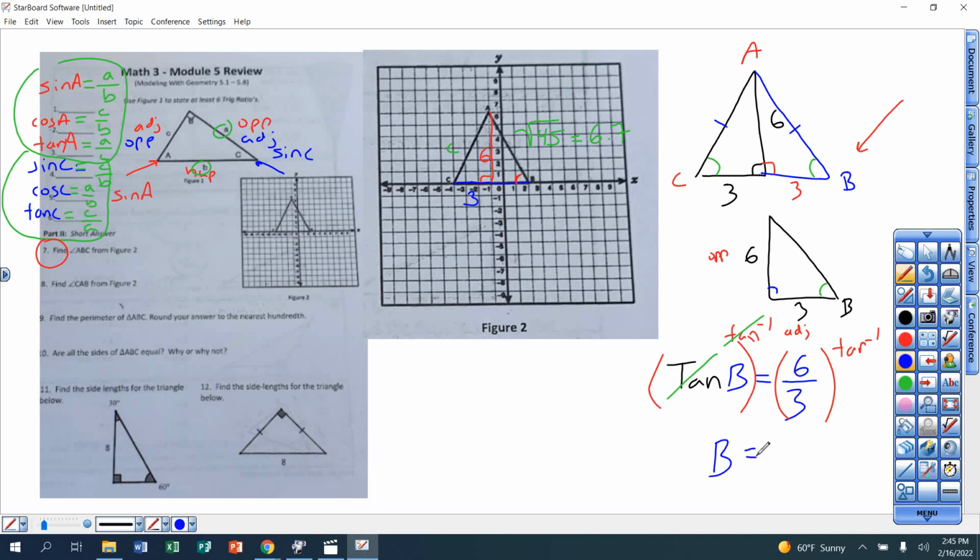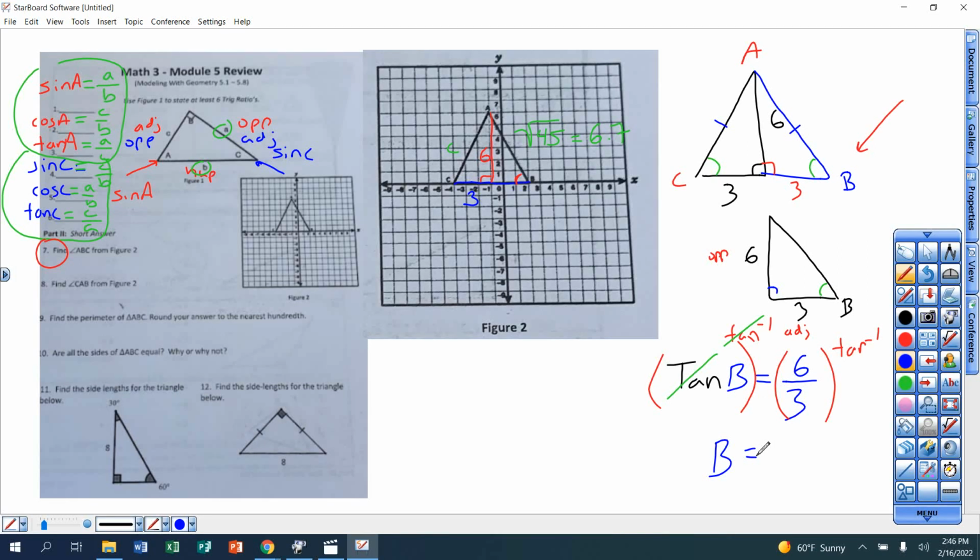But now the trick is to use your calculator to do this, because on your calculator, you need to hit the inverse tangent button. I'll show you. Because it's above the tangent, you've got to go second. Like that. You see that? And then in that parenthesis, I'm going to put 6 divided by 3, and then close that parenthesis.